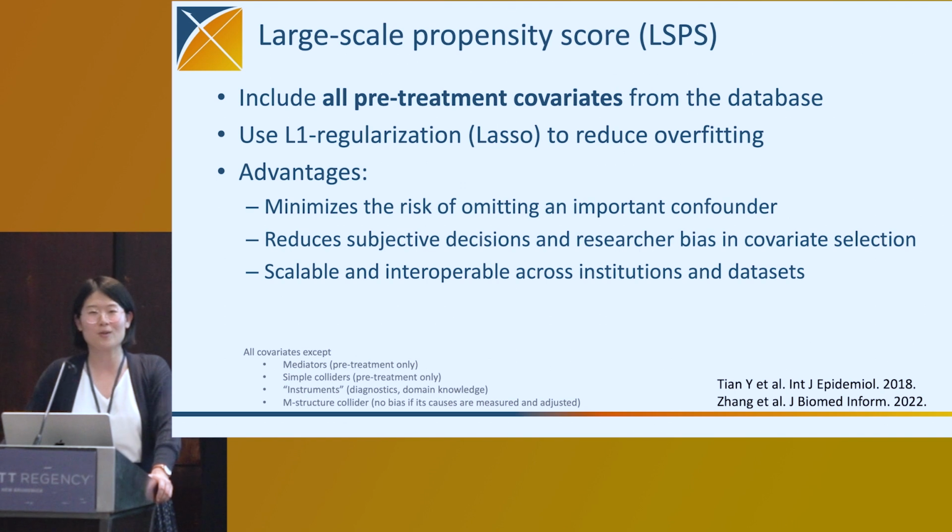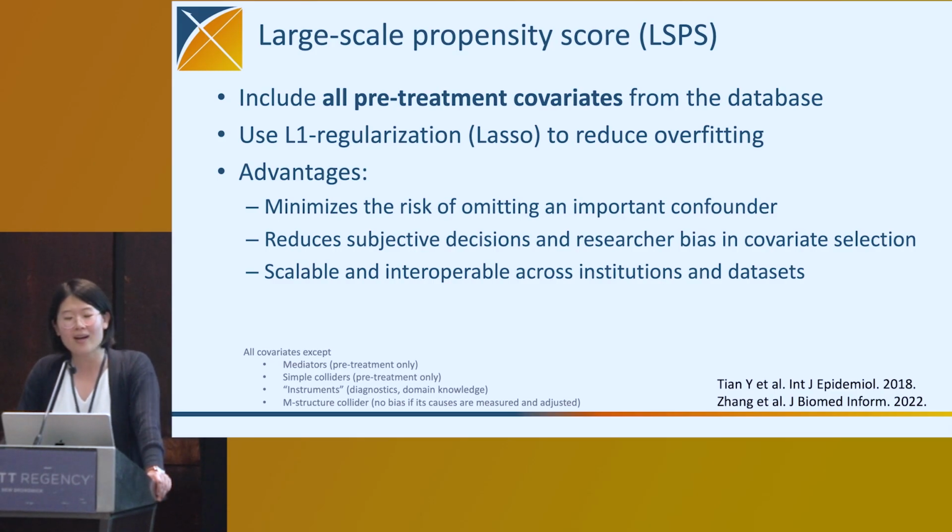I've been a student myself in the past, and it's very tempting to choose the study design that gives you that significant p-value of 0.049. Including all covariates in LSPS helps prevent those subjective decisions. And also for a federated data network, this is much more scalable and interoperable across institutions and databases.